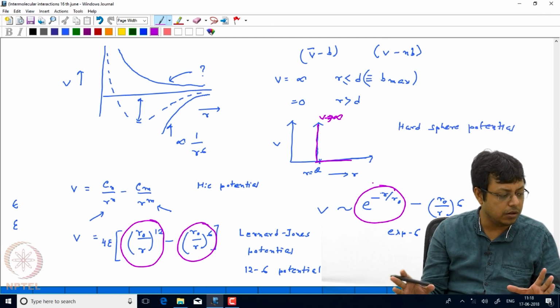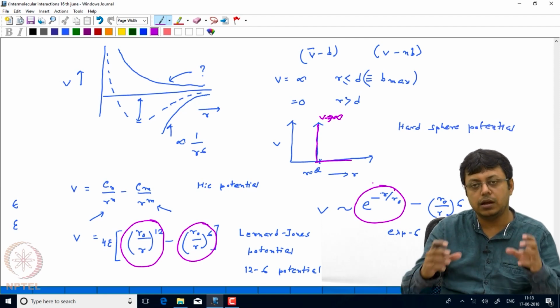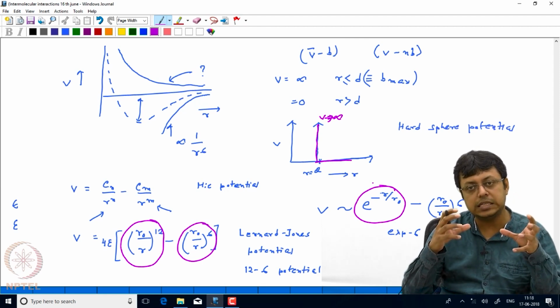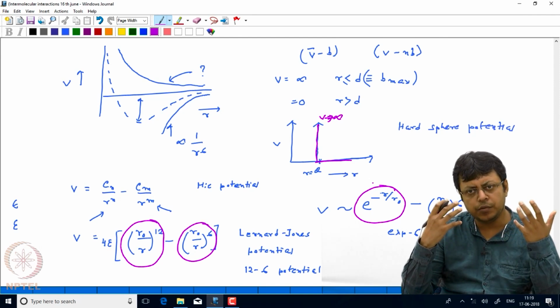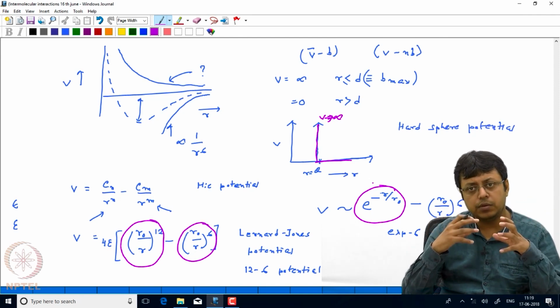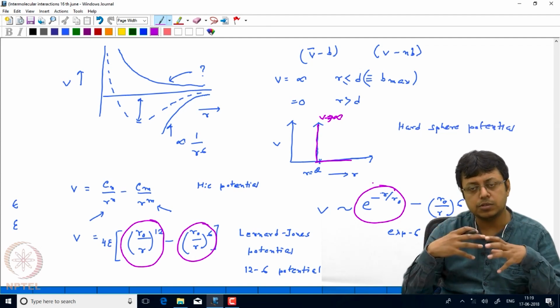So, overall what we have studied in this lecture is the origin of intermolecular interactions: why gaseous states, if we cool down the temperature, form liquid, and if we further cool down the temperature, form solids.